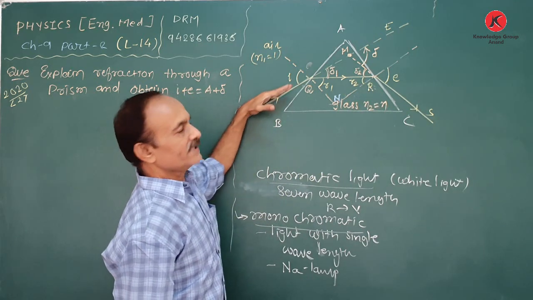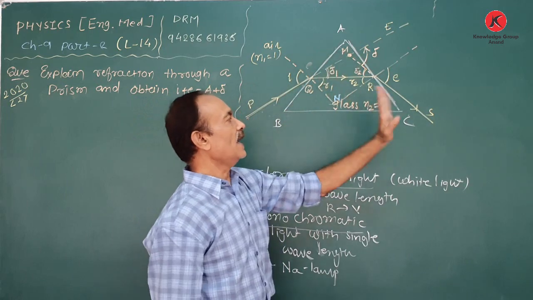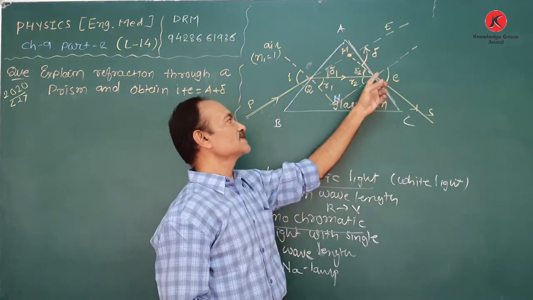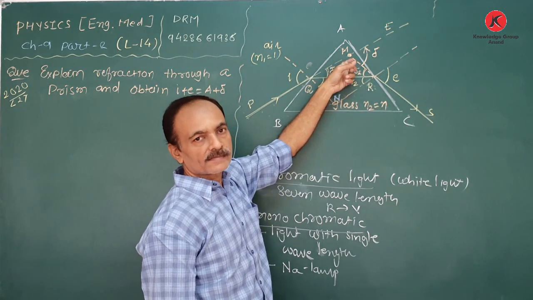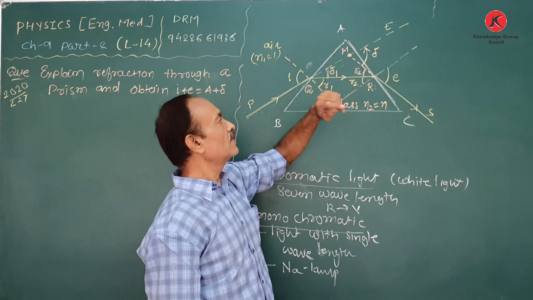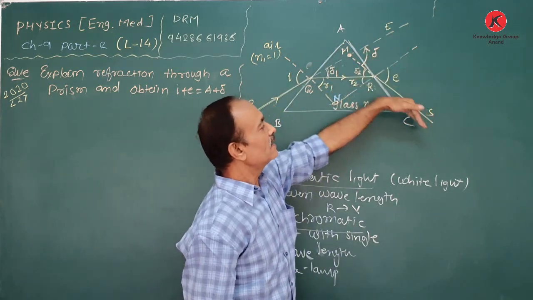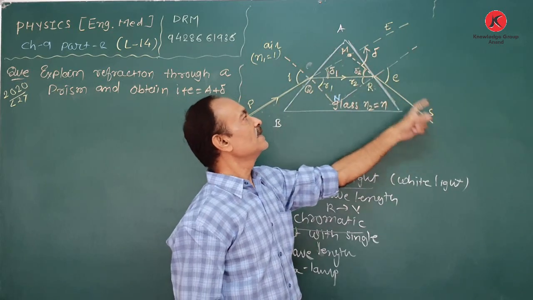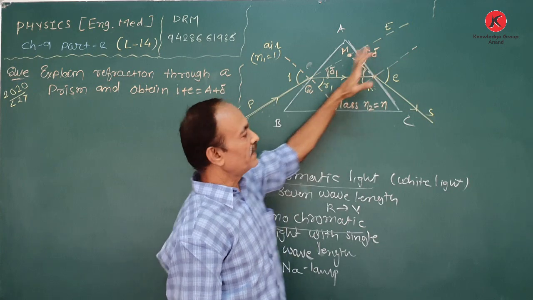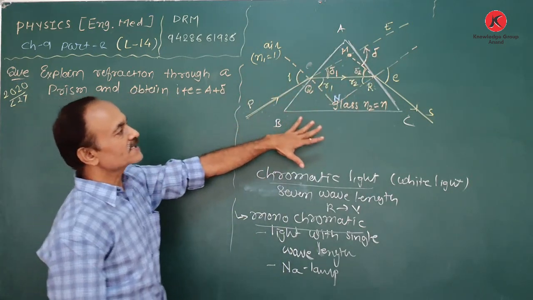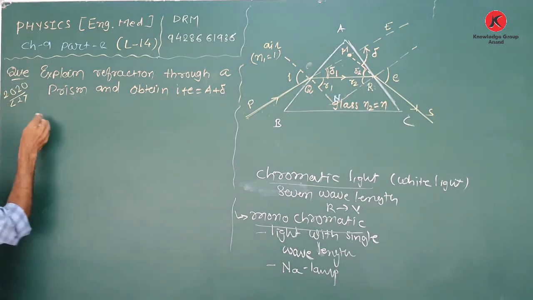Now, the incident ray is extended to PQE and the emergent ray RS is extended in that direction. Both rays meet at point M. Therefore, the angle between the incident ray and the emergent ray is known as the angle of deviation. We have to write this, it is necessary for the description of the figure, as shown in the figure.